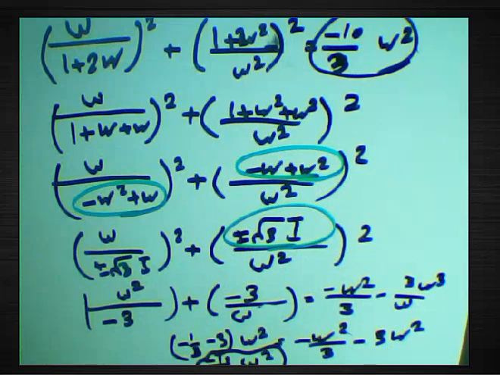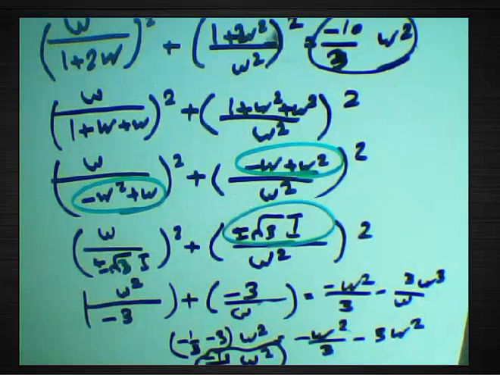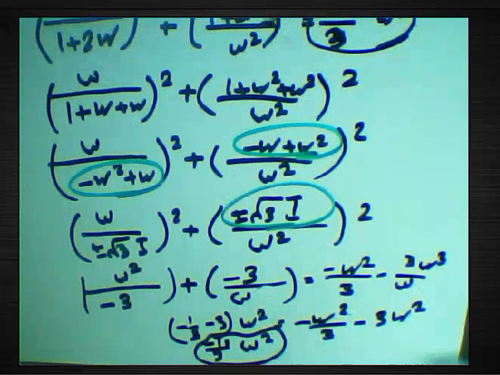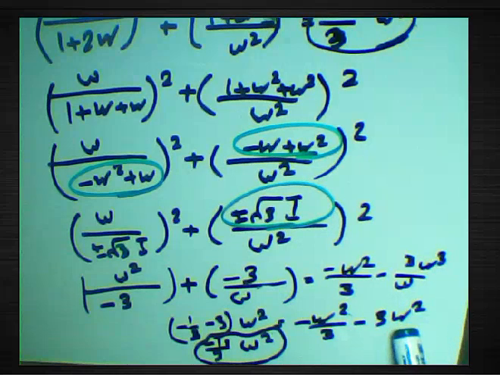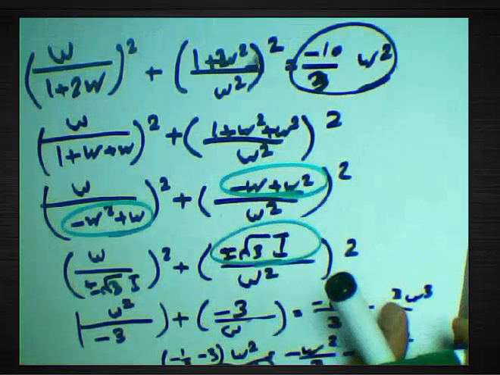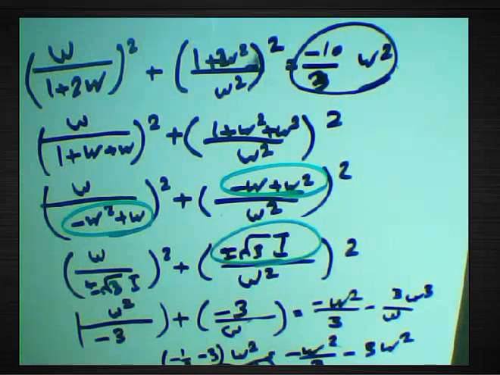And then you can find the result by distributing the power from numerator and denominator, and then write the least common multiple between them. Here if you want to find the result, you must replace negative 3 with negative 3 omega power 3, because omega power 3 equals 1, and then omega power 3 divided by omega equals omega power 2. Negative omega power 2 over 3, now subtract 3 omega power 2, it will be negative 10 over 3 omega power 2, so the left hand side equals the right hand side in this example.